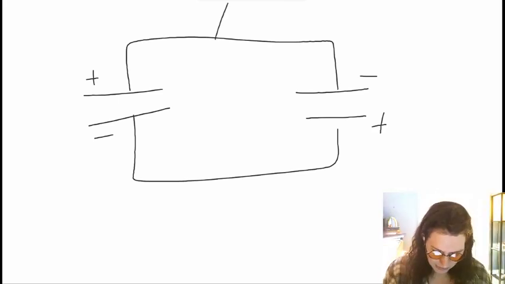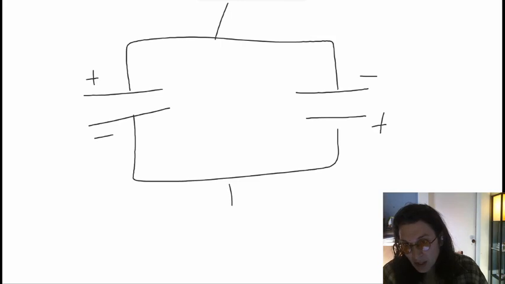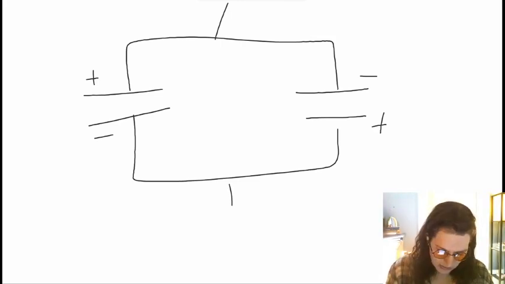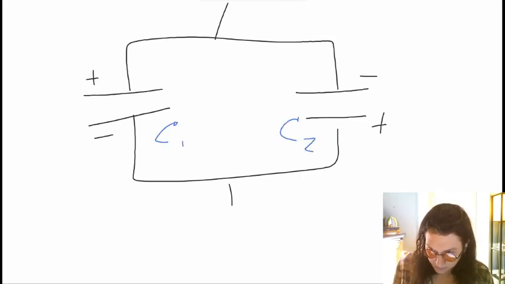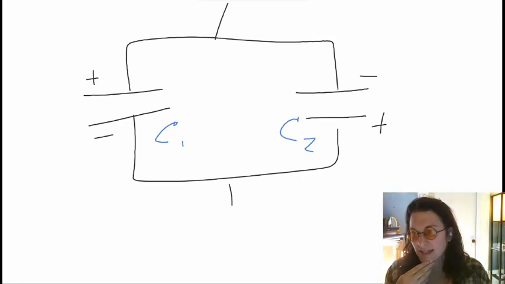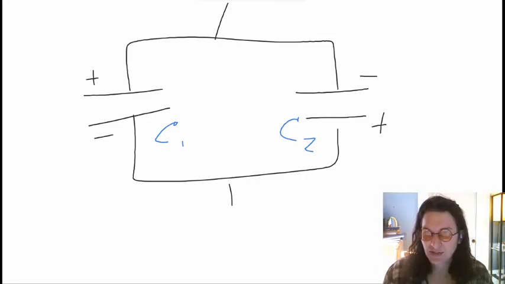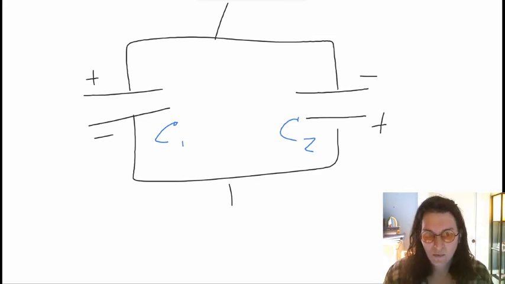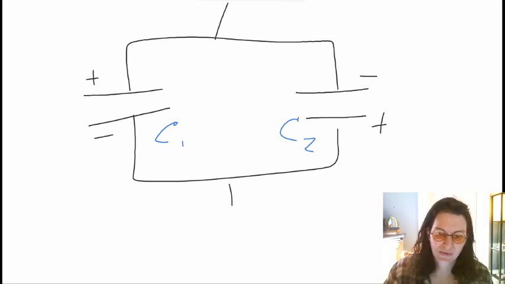And then there's the potential difference that's established over them. Okay, so to start off, they each have a capacitance. This one is C1, and this one is C2. They give you the capacitances, they give you the voltage, and they ask you for, first of all, the potential difference between points A and B when the switch is closed.